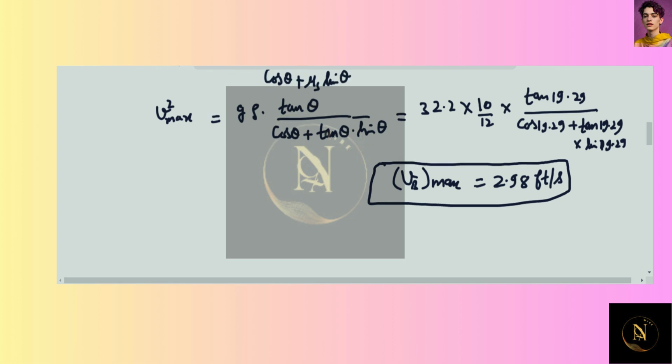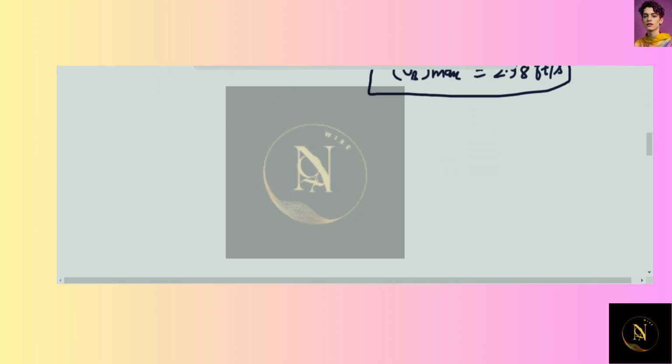Now answer for second part B. Angle theta may vary from 90 degree to 180 degree.